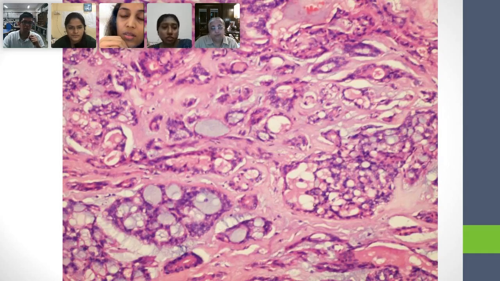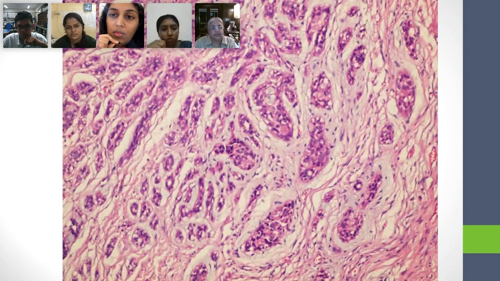So there are cribriform structures, there are tubules, there are ducts, some lined by 2 layers of epithelium, some just single layer of epithelium. There's some inspissated material inside these ducts. And this is another area which is showing ducts again. See, elongated, lots of ducts.